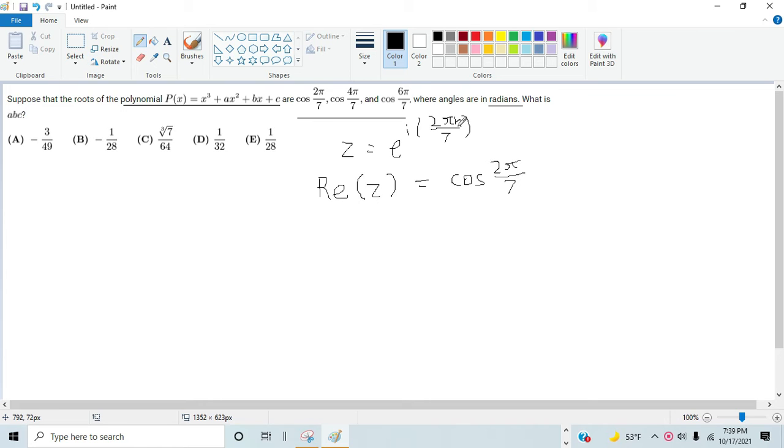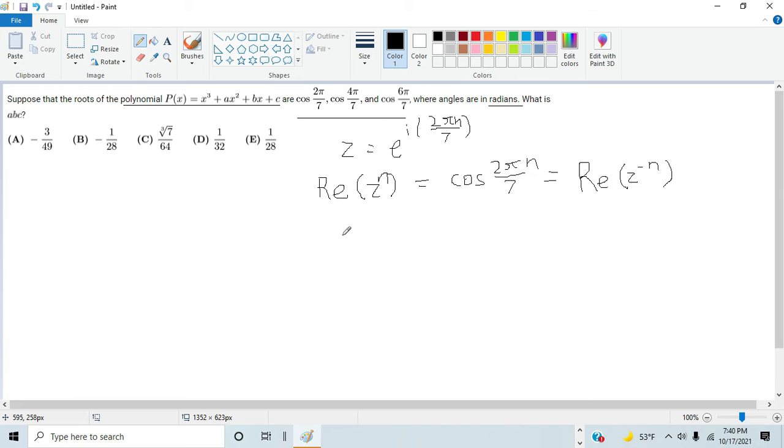And for any n that multiplies in with the 2 pi by 7, z will be raised to that same power. Furthermore, since cosine itself is an even function, we can expand this to say that the real part of z to the minus n is also equal to cos of 2 pi n by 7.